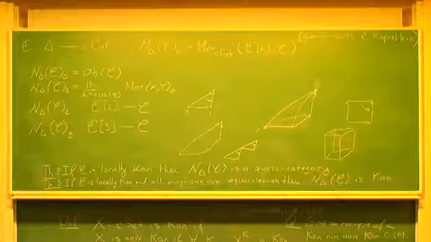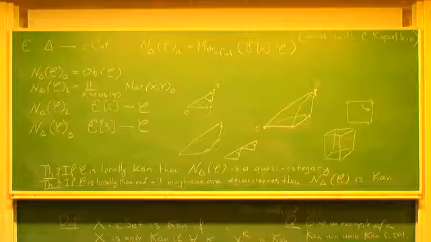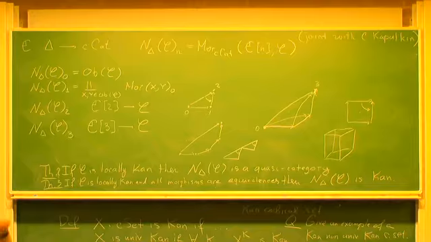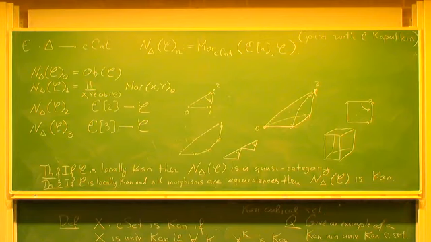I'm finishing my second talk, but there is actually a third part, which is about a certain canonical fibration which exists over N_Δ of the category of cubical sets.